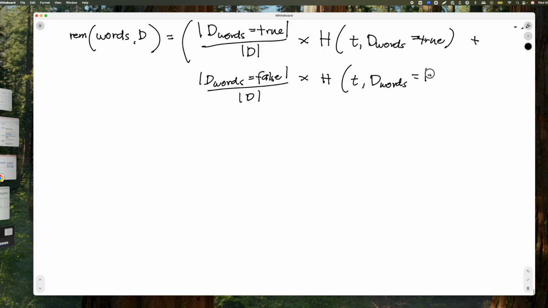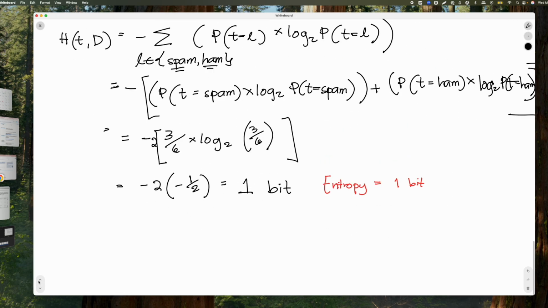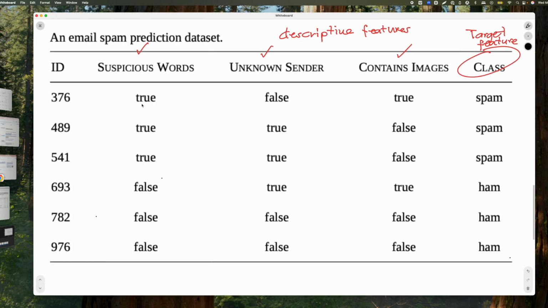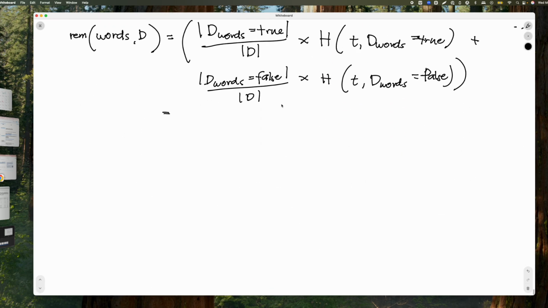There are two possible values for them. This is a very good example for solving information gain because it's super easy to solve when we have binary categorical values for everything. So if you check the data, how many true suspicious words it contains. If it's true, yes, the email contains suspicious words that they are tagging as suspicious words, and there are 3 as well for false. So this is similar to what we have earlier.